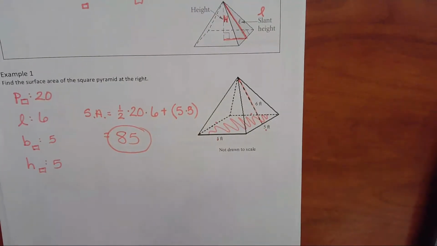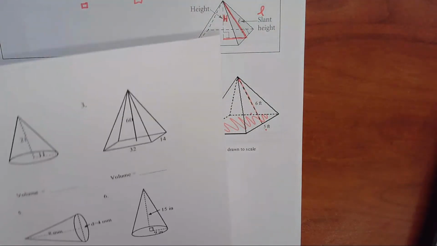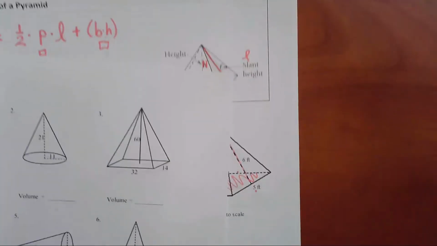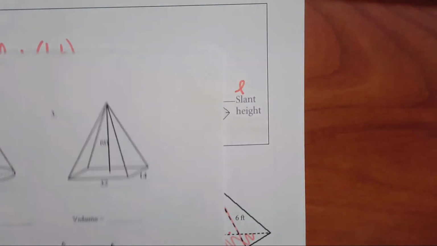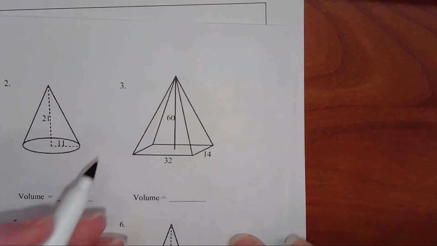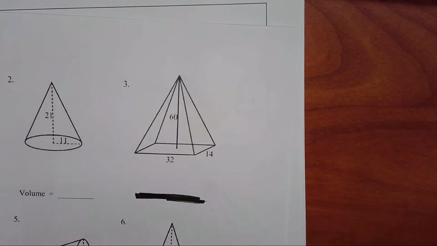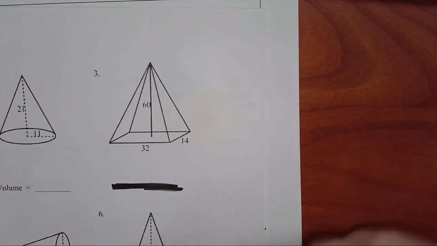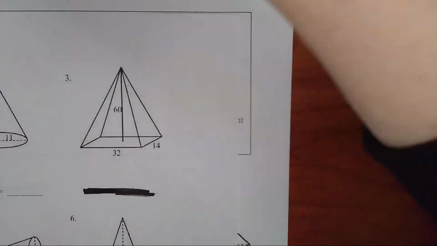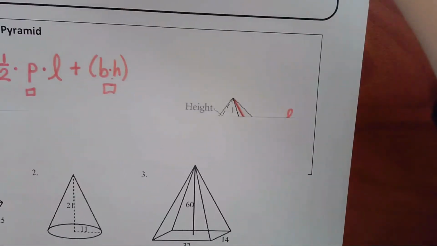So let me show you another picture here. This was on a volume assignment a bit ago. So if we take a look at this pyramid, and we want to find the surface area of this pyramid only. To find the surface area of the pyramid, we take a look at our formula here.